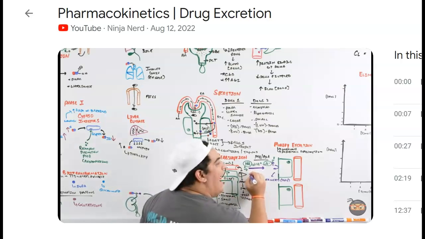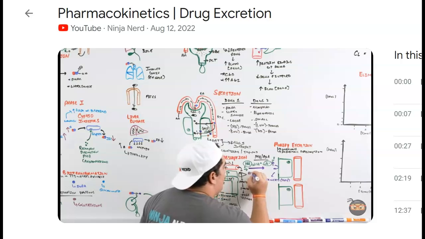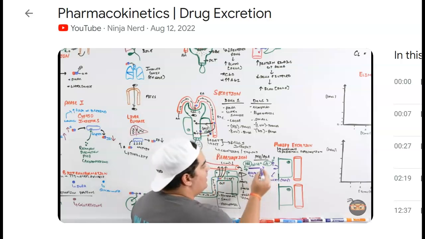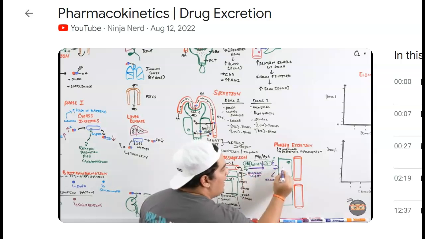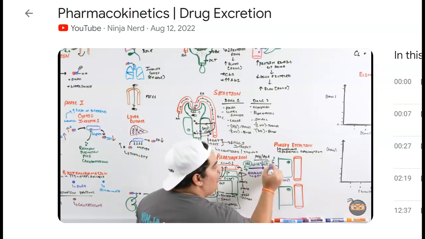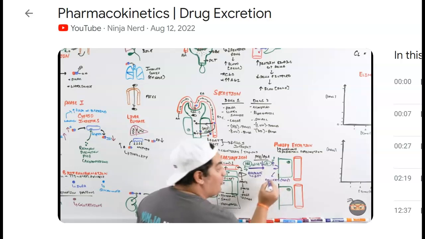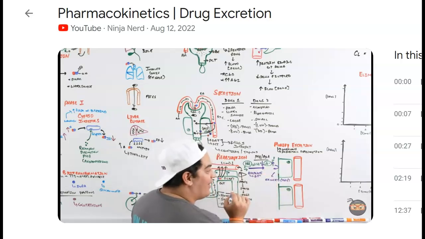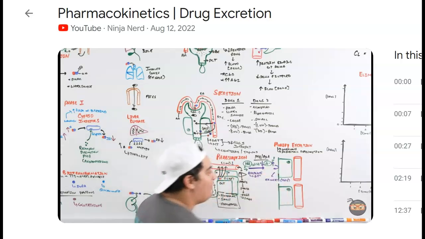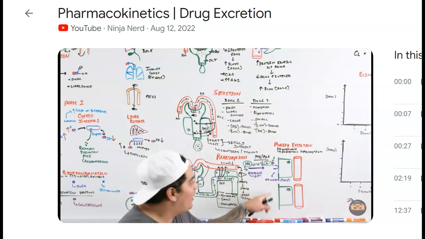So if I decrease the amount of protons, what does that mean? I need to alkalinize the urine. If I make the urine alkaline, that's going to decrease the protons. If I decrease the protons, that'll shift the reaction towards the right, meaning I'll make more of this guy and it won't get reabsorbed because it's polar, and I'll excrete it and trap it into the urine, getting rid of it.